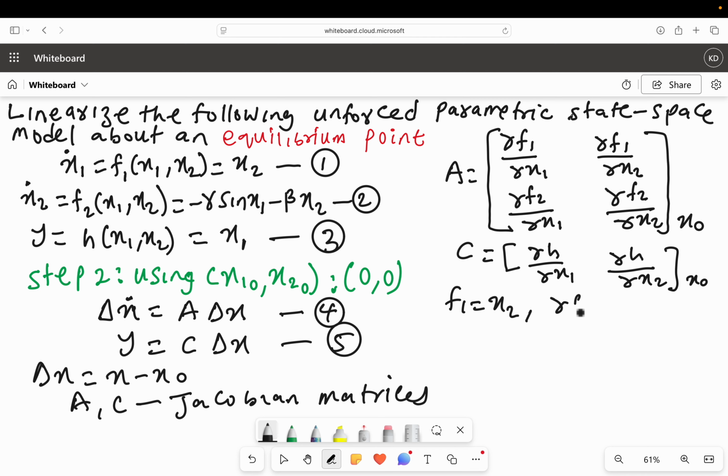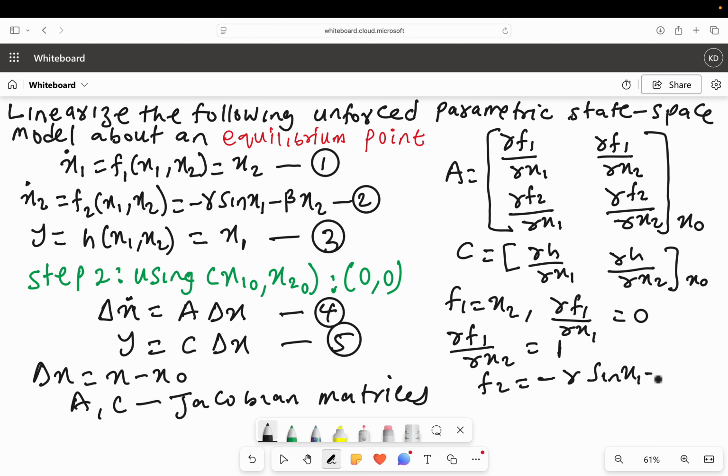So the partial derivative of f1 with respect to s1 is just 0 because I don't have any x1 here, and its partial derivative with respect to s2 is equal to 1 because f1 is equal to x2.